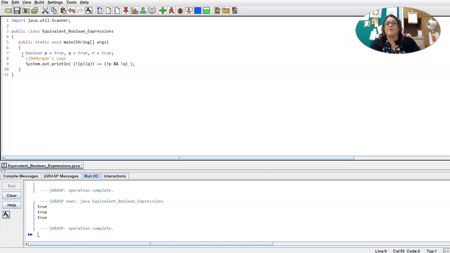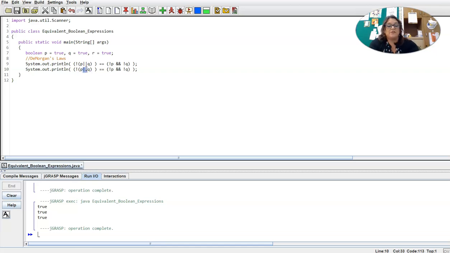So again, we distributed, let me space that out a little so we can see it. So we distributed this: P or Q became a not P and not Q. Then we will copy and paste to get the other form of De Morgan's.